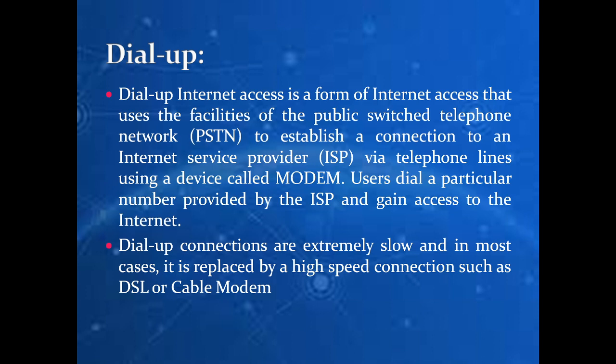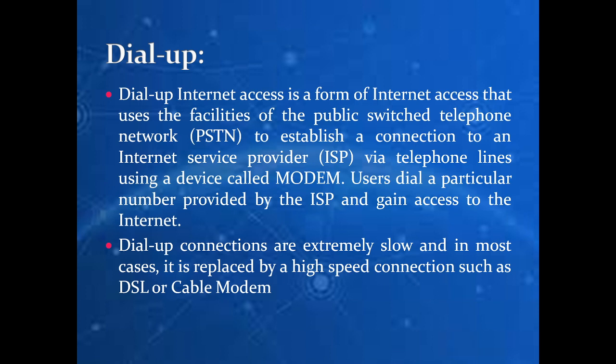But the problem was dial-up connections were extremely slow, and in most cases they have been replaced by high-speed connections such as DSL or cable modem, due to their slow connectivity.